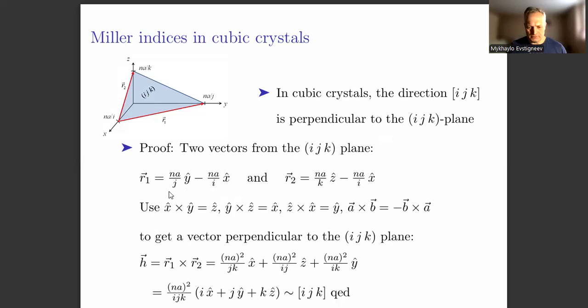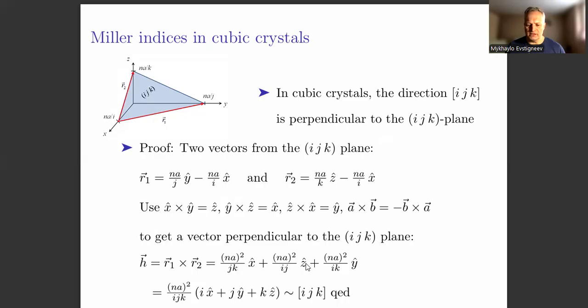So using these rules, it is easy to form the vector product of these two vectors, R1 and R2, that belong to the ijk plane. And this is what I get. And I notice that the unit vector in the x direction is divided by the product of the Miller indices jk.